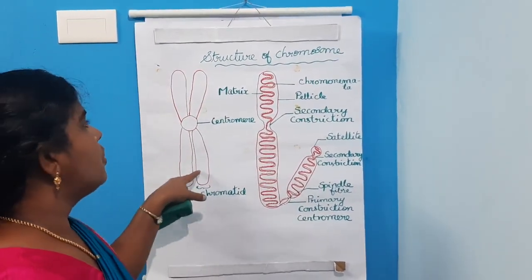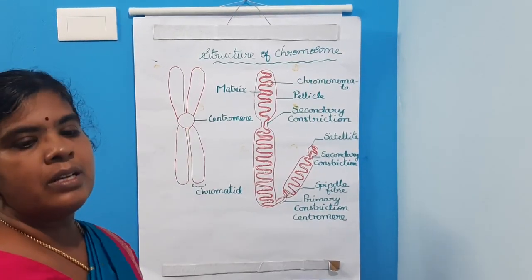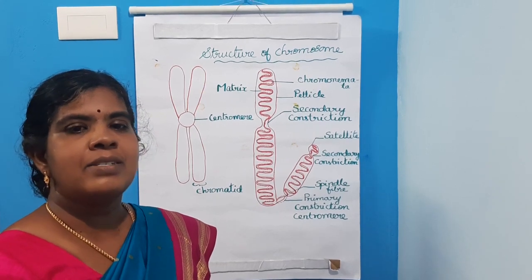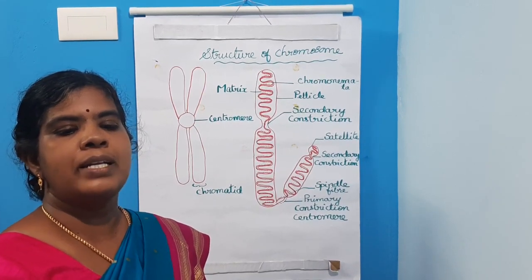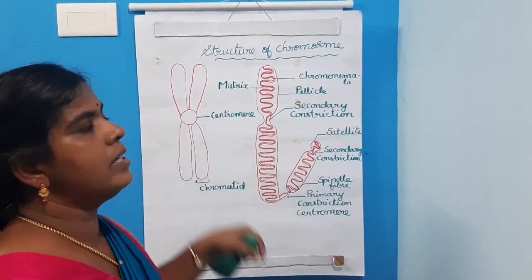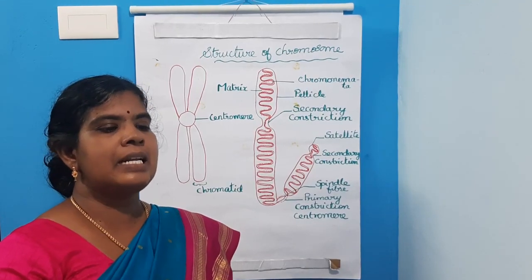These two chromatids are joined by a central body called the centromere. The two identical strands, or sister chromatids, are joined at a point called the centromere, or the central body.